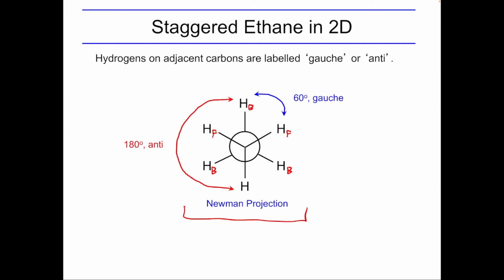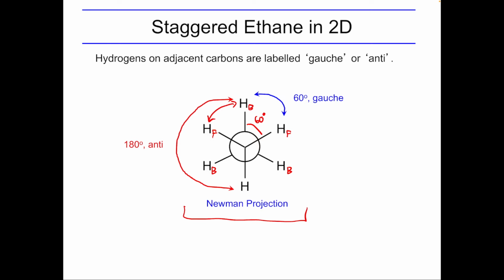Those are separated by 60 degrees. So the bond angle between the back and the front is 60 degrees. We say the relationship between those two hydrogens is gauche, and the relationship between these two hydrogens is also gauche. Gauche being the French word for left, although here there are two gauche hydrogens, one left and one right.